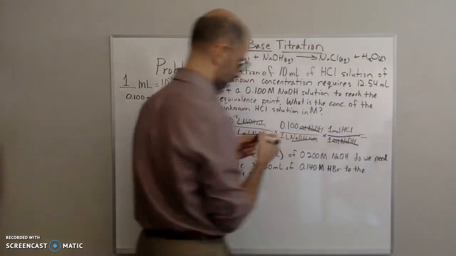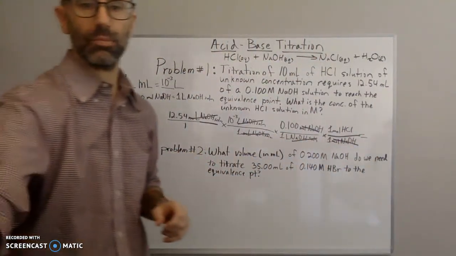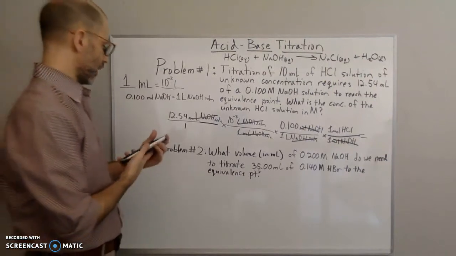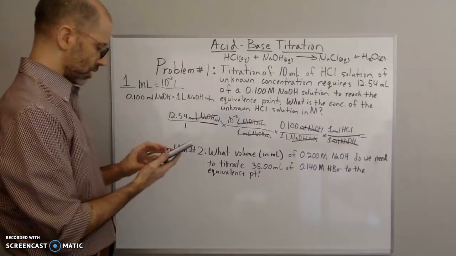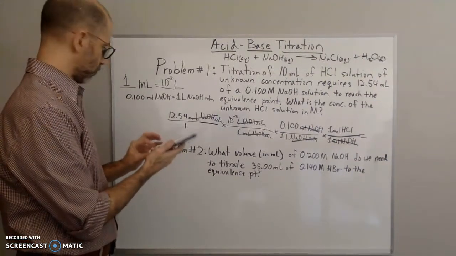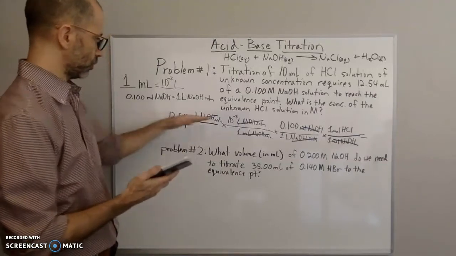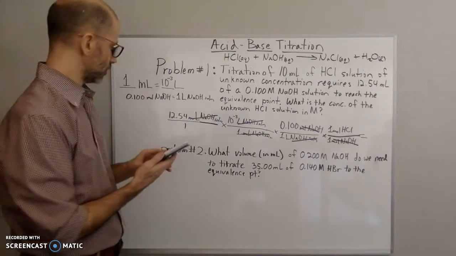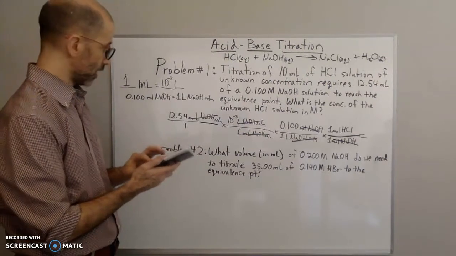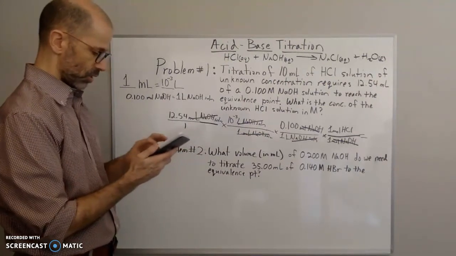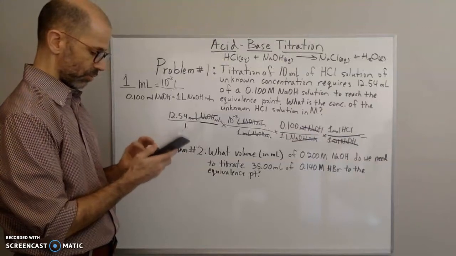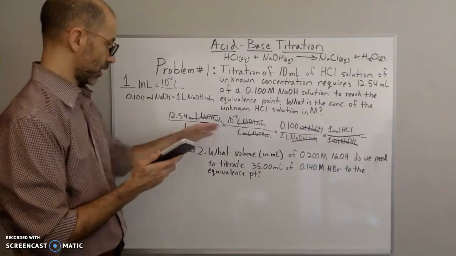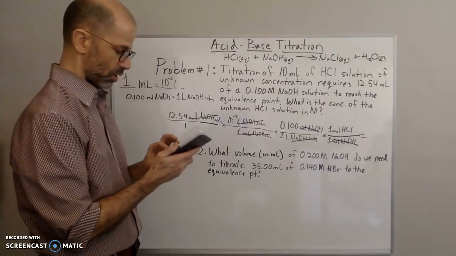So now I can calculate the number of moles, and that's going to be 12.54. So I'm going to multiply across the top, divide by the bottom. I'm going to ignore the ones. So 12.54 times 1 times 10 to the negative 3 times 0.1.